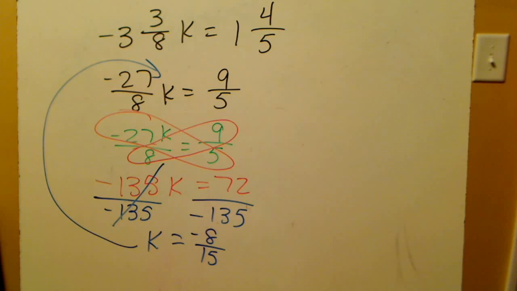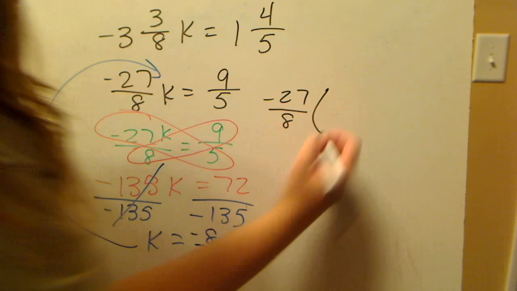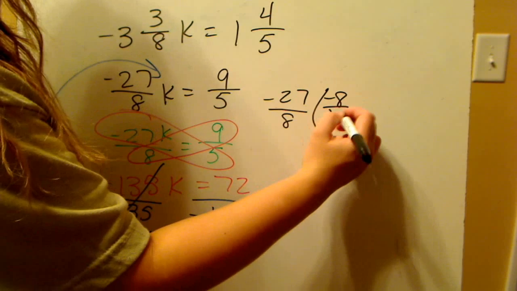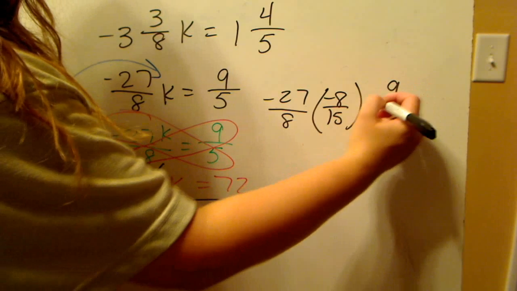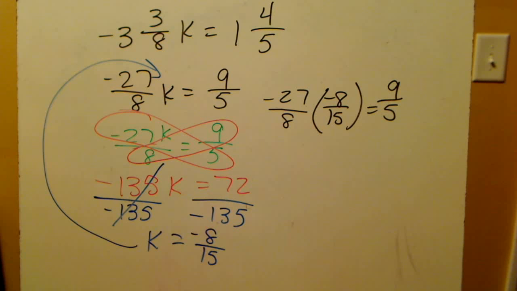So I'm going to do the checking part on the side, and I'll do it in black ink. I'm going to rewrite my original problem. Obviously it's easier to do on a calculator, but I do see where I can cross some stuff out.